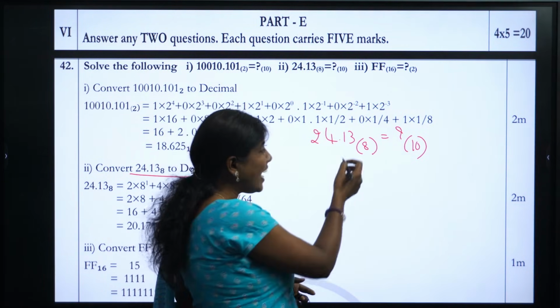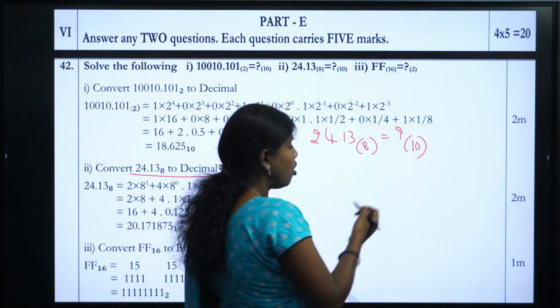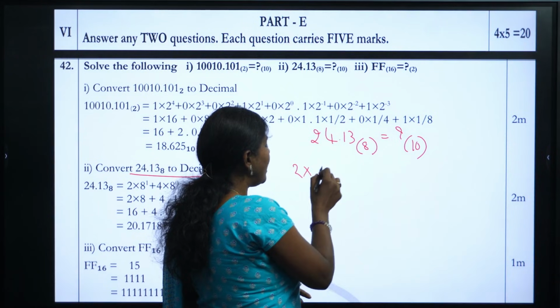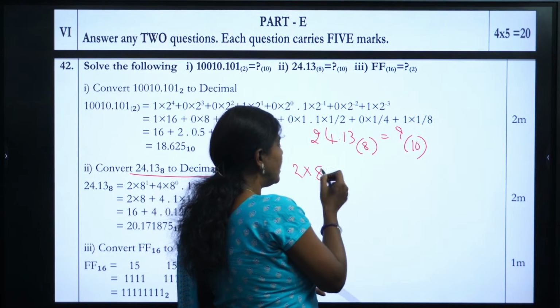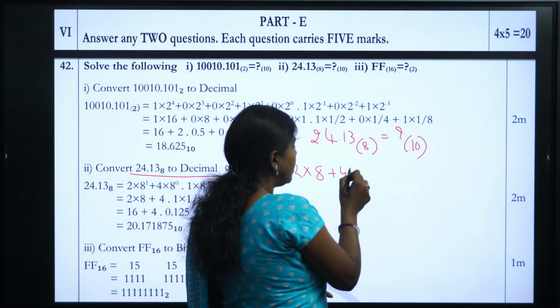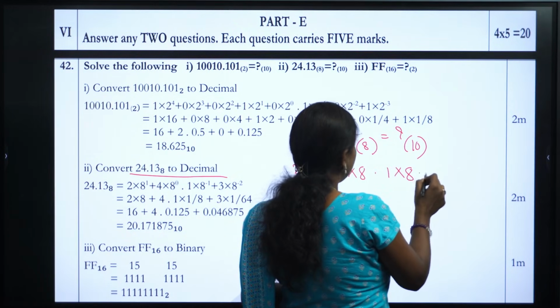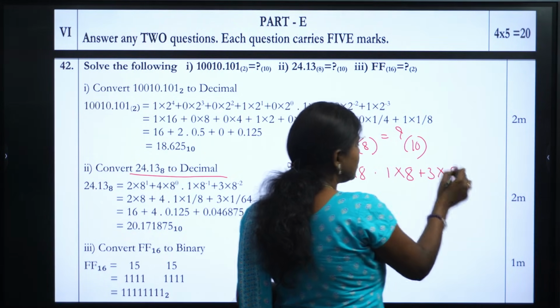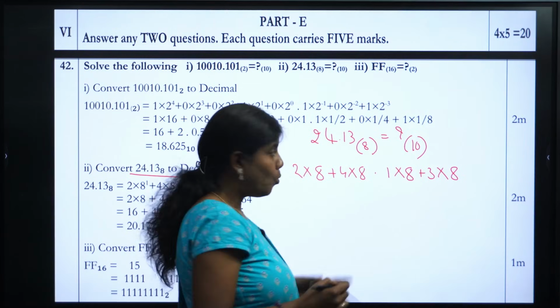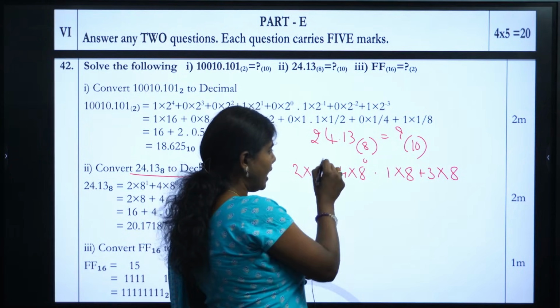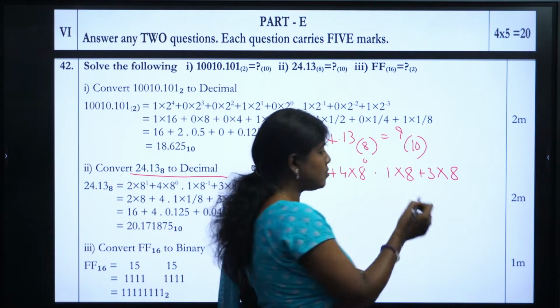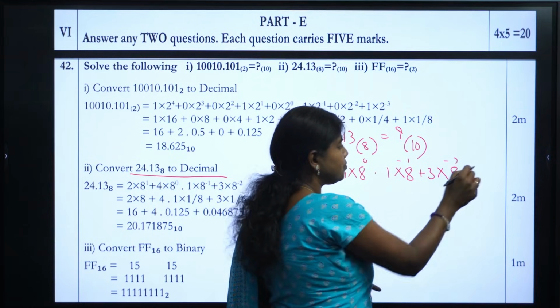So it's going to be 8 for the octal number system. 2 into 8 power 1, plus 4 into 8 power 0, dot, 1 into 8 power minus 1 plus 3 into 8 power minus 2. I'll just fill the parts now: 8 power 0, 8 power 1, and in terms of negative powers, minus 1, minus 2.